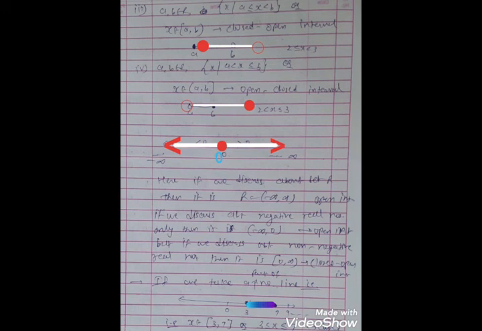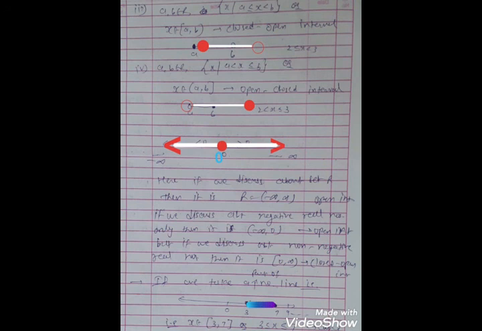Similarly, for any two real numbers A and B, if the left side is not darkened, the right side is darkened by the red color, and the numbers between A and B are shown by a white line segment, then we say that the numbers between A and B and the right extremity B are possible. Here the left value is not possible, so we make a round bracket.